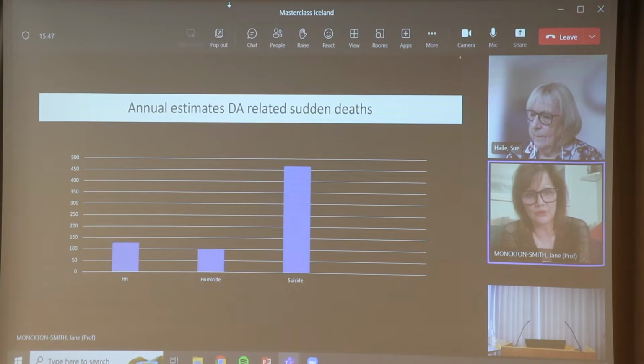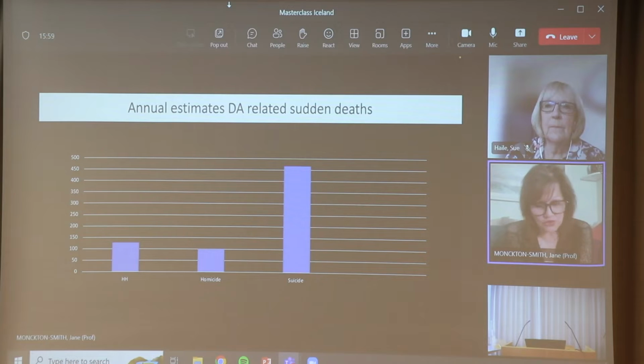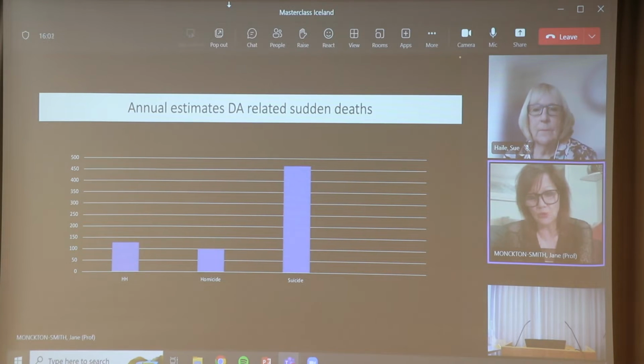That's the middle column in this graph labelled homicide. And in England and Wales, it's been around 2 women a week for a very long time. But that really is a partial picture.